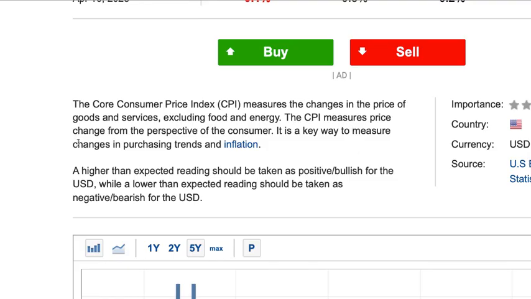The CPI measures the price change from the perspective of the consumer. It is a key way to measure changes in purchasing trends and inflation. So a higher than expected reading should be taken as positive, bullish for USD.